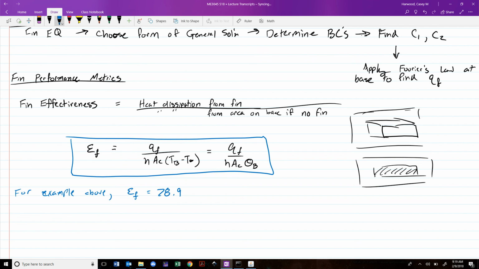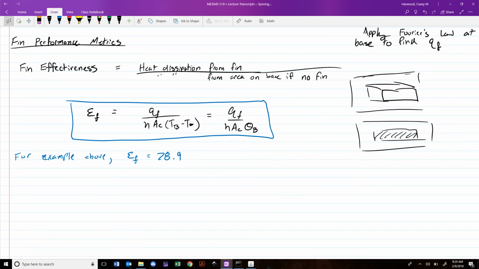So in other words, by adding the fin, we increase the amount of heat transfer, or the heat dissipation, by 79 times relative to if there was no fin. So this is an indication of how worthwhile it is to even put a fin on whatever it is you're trying to cool.